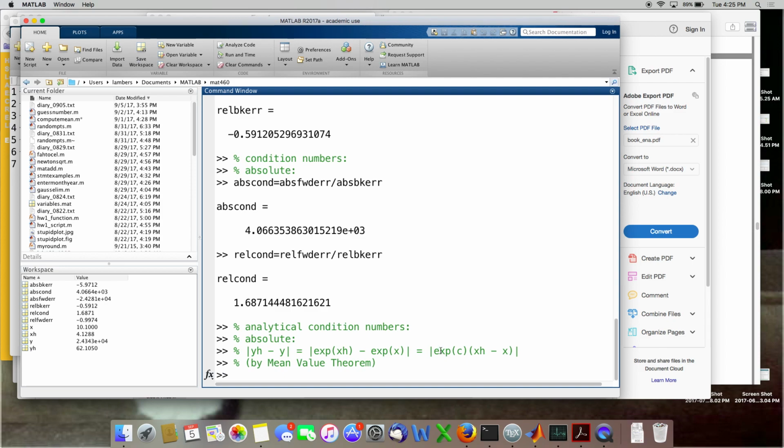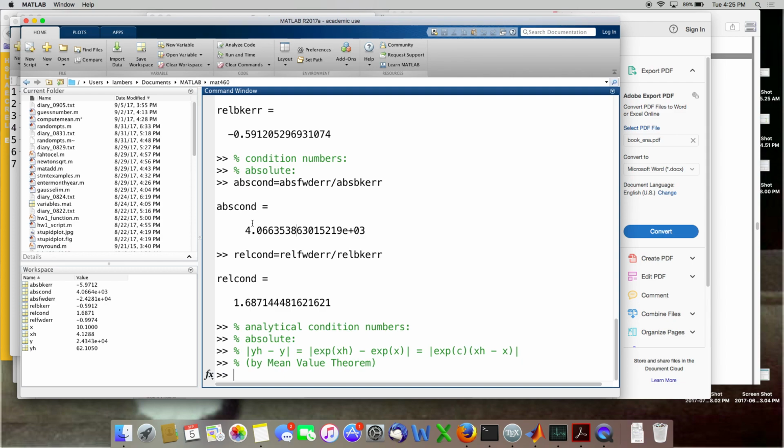Of course, the exponential is its own derivative. So the absolute condition number is the exponential of roughly 8 or so. Because we don't know what this value is, but we can see, because it's related to the exponential, why the absolute condition number is quite large.